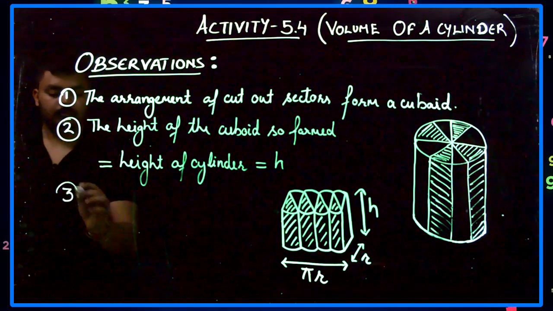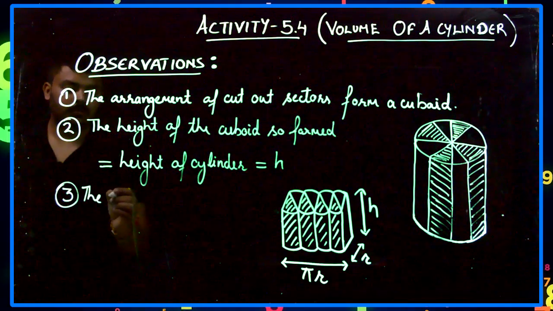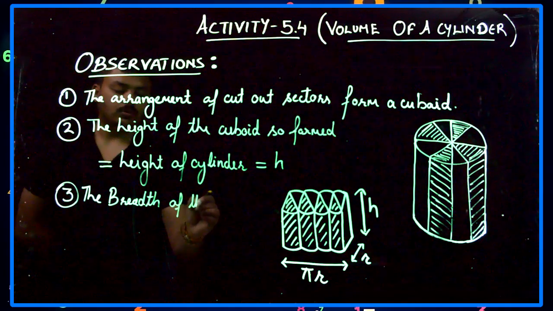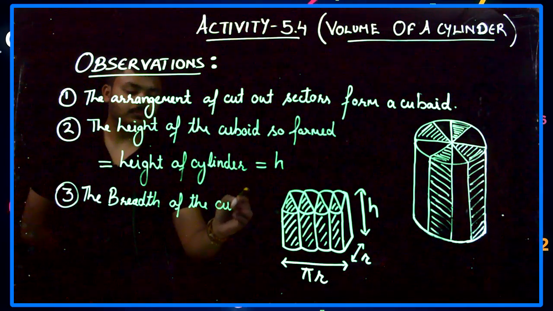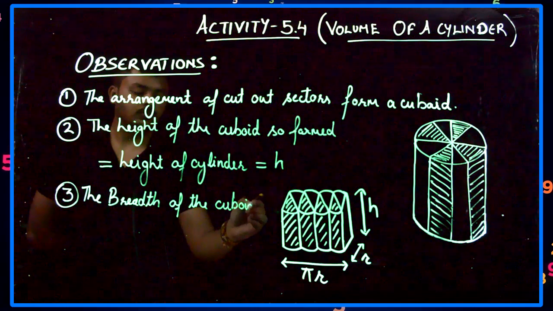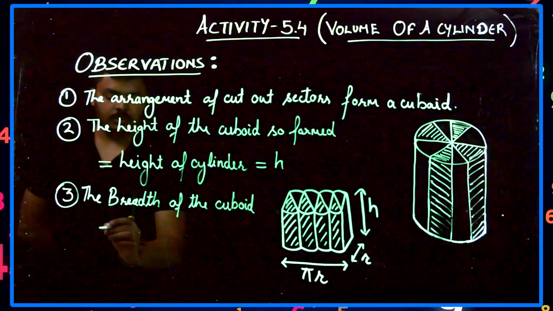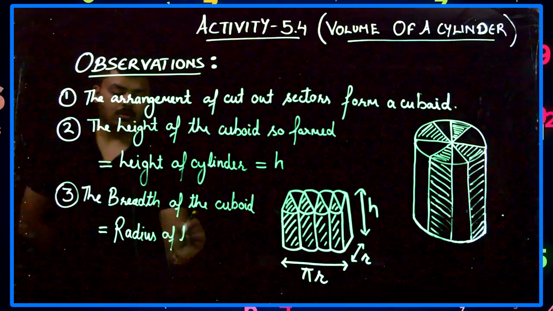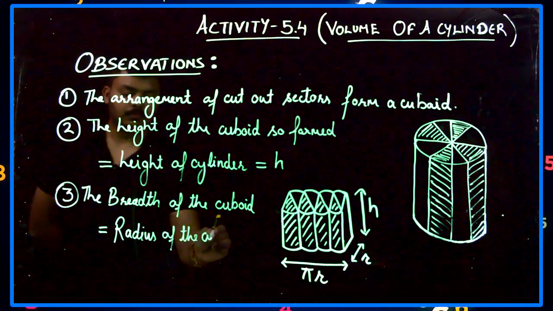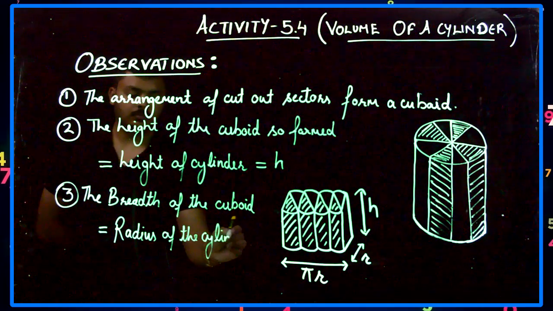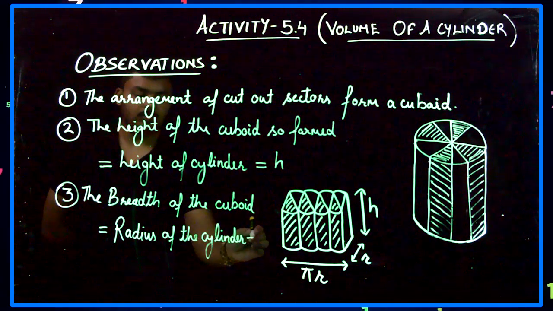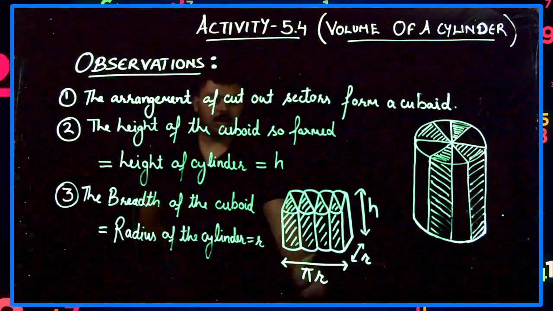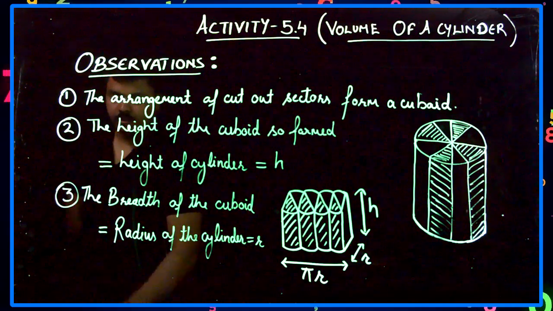Third, the breadth of the cuboid is equal to radius of cylinder, equals to r, that is the breadth is r, radius of the cylinder.